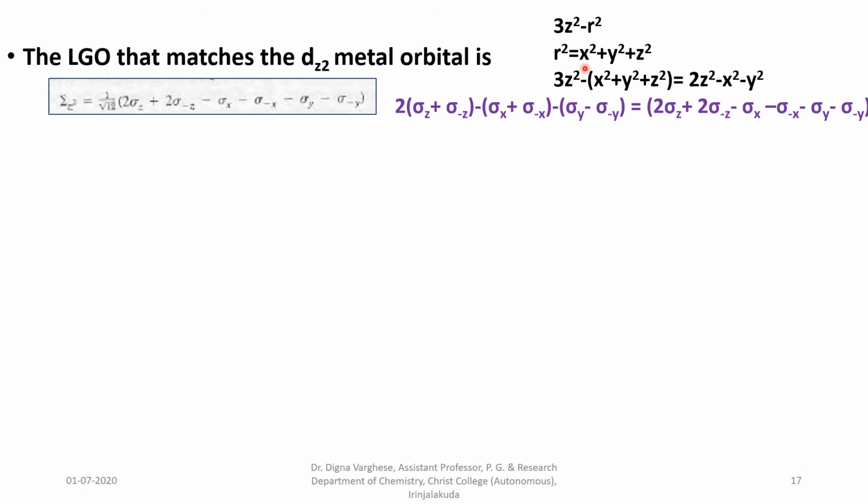These are obtained from the character table. Therefore the LGO that matches the dz² orbital is 1 by 2 root 3, or 1 by root 12, times 2 sigma z plus 2 sigma minus z minus sigma x minus sigma minus x minus sigma y minus sigma minus y.